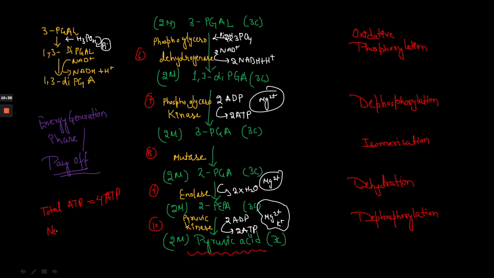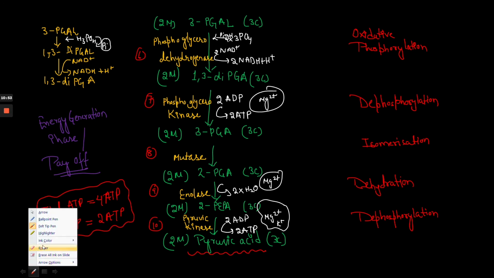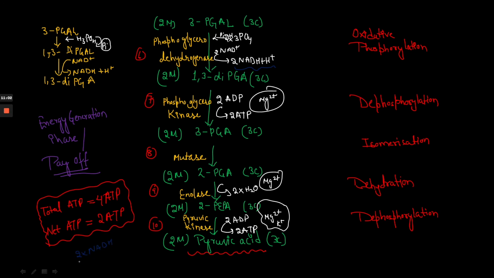So the net gain of ATP will be only 2 ATP, 4 minus those 2 that we utilized. Also, from this process we have got 2 molecules of NADH as well, which will further enter the electron transport chain and get converted into ATP. We will see how.